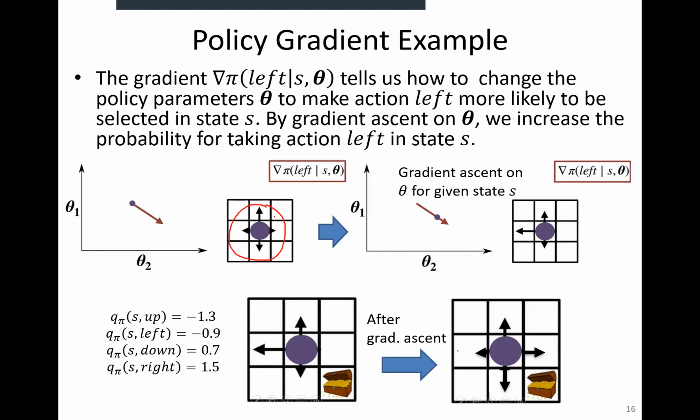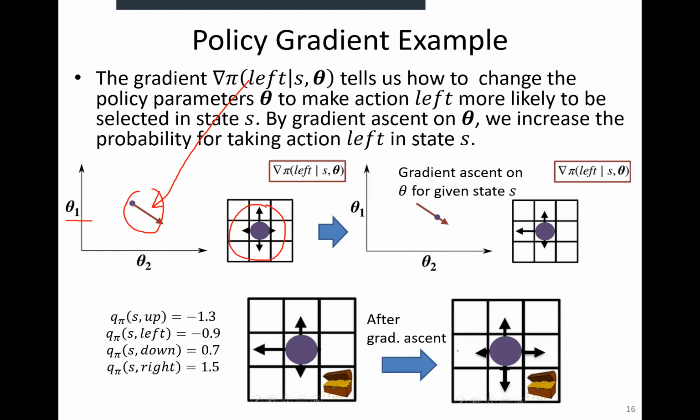And suppose the policy is parameterized by parameters theta. Maybe you have 2 parameters. The theta is 2-dimensional. And then suppose this derivative direction, this is the derivative of the policy function, is pointing in this direction, so that is to increase this probability of going left.